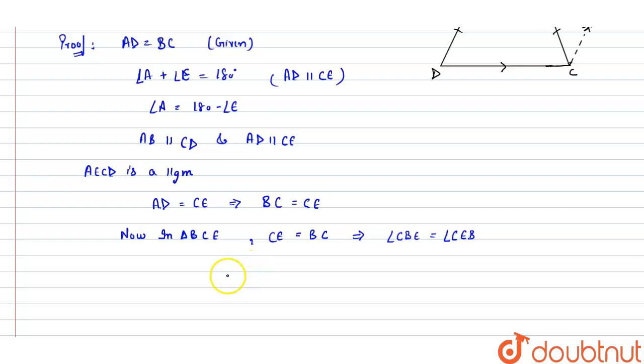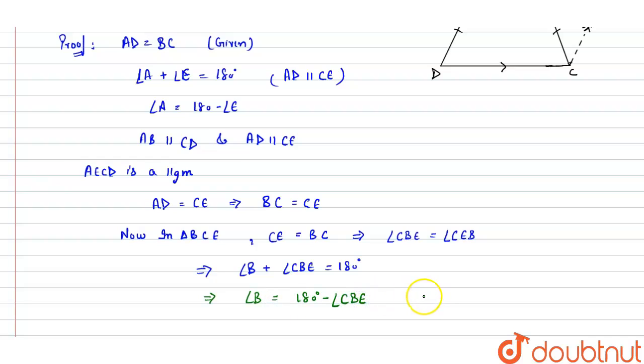So here we can write, as we know, angle B plus angle CBE is equal to 180 degrees. So here we can find the value of angle B. Angle B is equal to 180 degrees minus angle CBE.